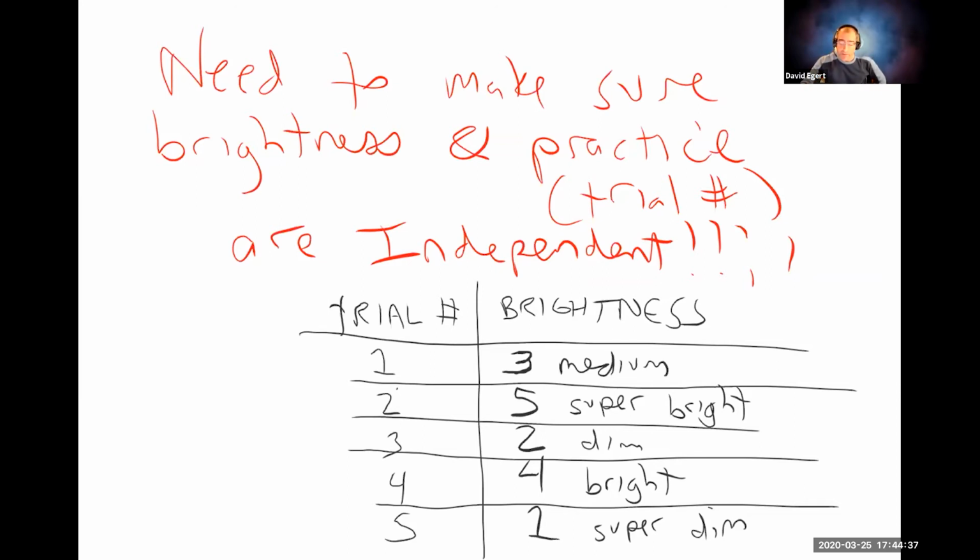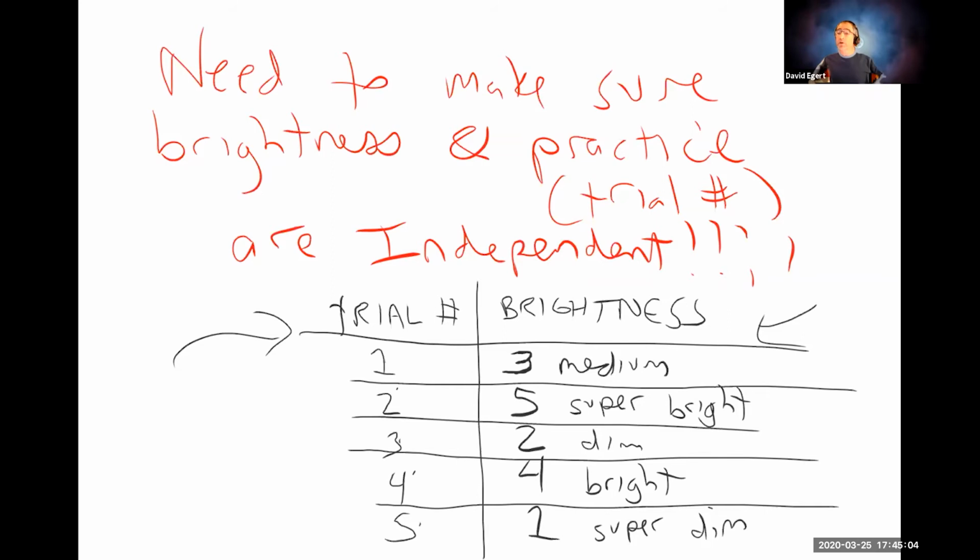Let's look at trial number versus reaction time. Or we could look at brightness versus reaction time, and they'll be separate. We'll be able to see, does trial number seem to make more of a difference, or does brightness make more of a difference? So is this making sense? We'll talk more about this once we get our data and actually look at how we analyze it.